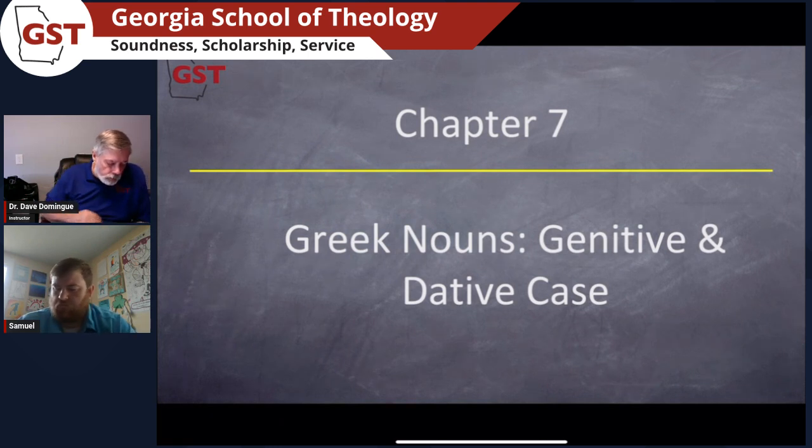Here it talks about Luke 2:14, in the King James, peace on earth and goodwill toward men. The text there puts the word in the genitive case in an older manuscript, whereas some of the newer manuscripts, I think, have it in the dative case.